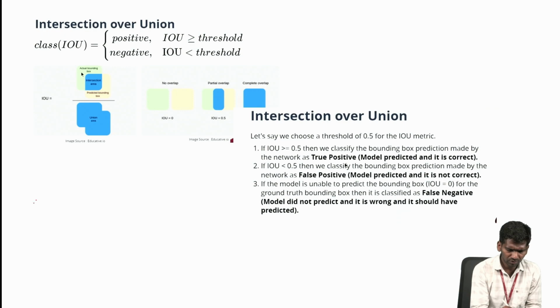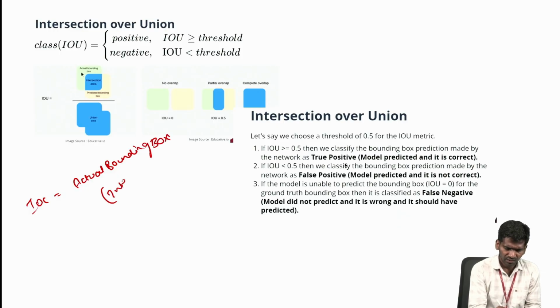The IOU formula is the actual bounding box intersection area, divided by the union area.